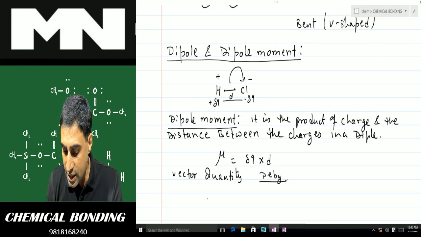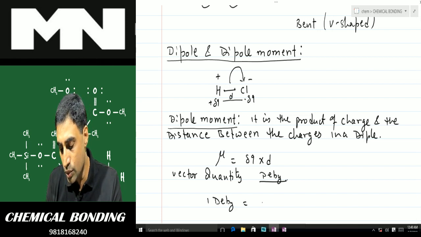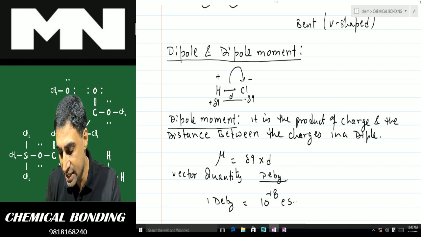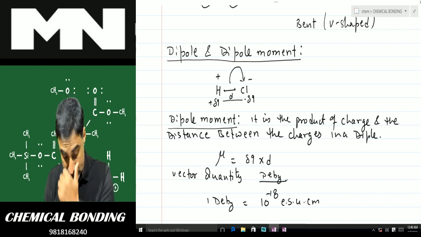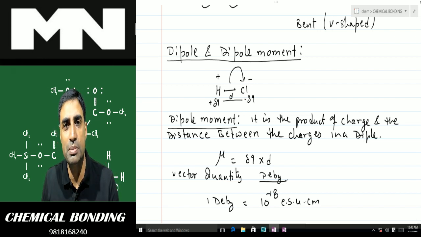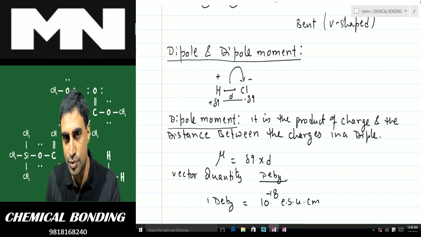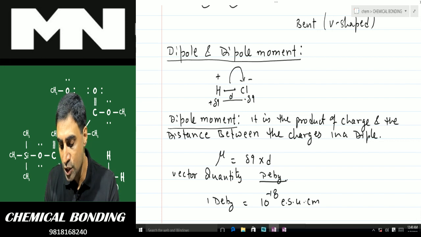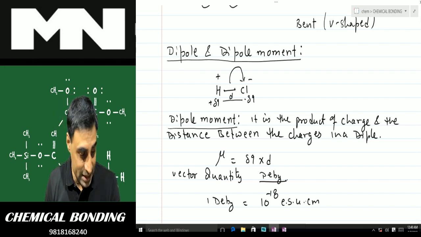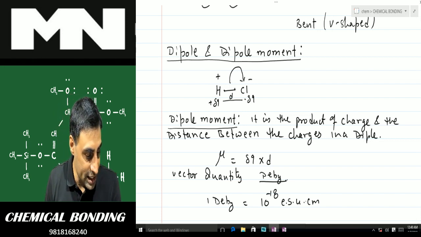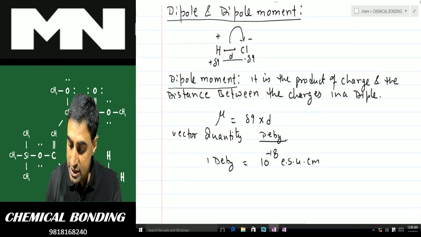Now what's a debye? 1 debye is equal to 10 to the power minus 18 electrostatic unit centimeter. Here I am representing the charge in terms of electrostatic units and the distance between the charges in centimeters. So 1 debye is equal to 10 to the power minus 18 electrostatic unit centimeter.